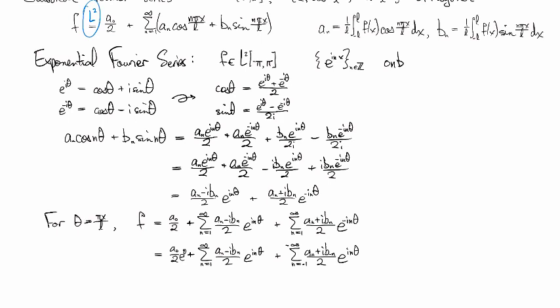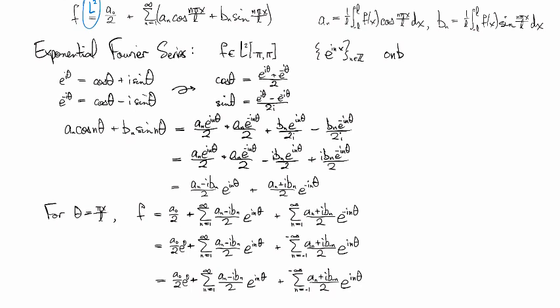I just need to notice that when it comes to the a_n's, a sub minus n is the same thing as a_n, because those coefficients come from cosines. And meanwhile, a sub minus n is equal to a_n, and b sub minus n is equal to minus b_n, because it comes from the sine functions, and those are odd.